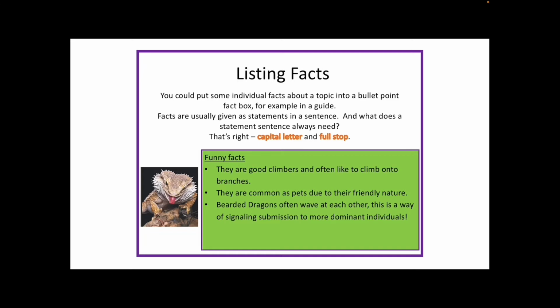I'm also going to model writing some more bullet points about the bearded dragon at the end of this video. They're good climbers, and they often like to climb onto branches. They are common as pets due to their friendly nature, and bearded dragons often wave at each other. This is a way of signalling submission to a more dominant individual.